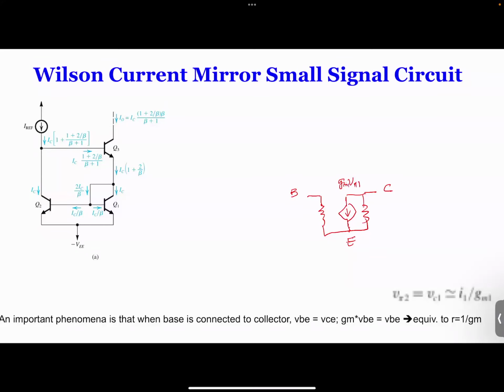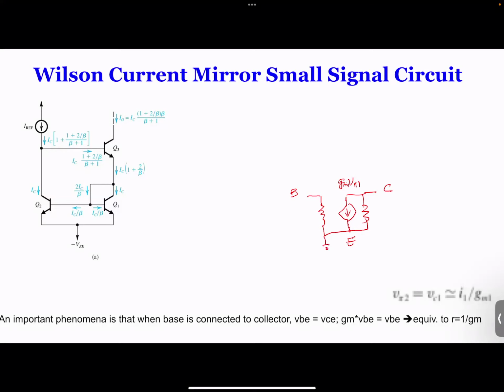Now we figure out for Q1, what is connected to the emitter? Look at Q1. What is connected to the emitter? It's a voltage source, which in AC becomes a ground. So the emitter is connected to ground. So let's ground it over here.